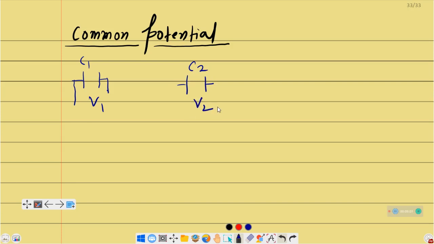Whether it's charged or not, the potential is V1 and V2 here.